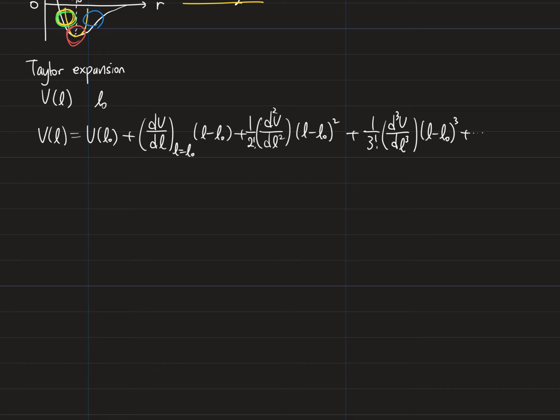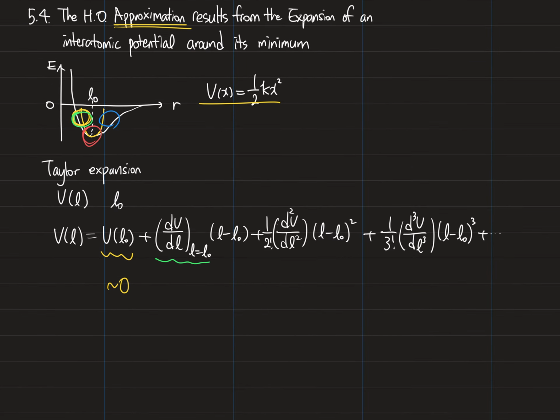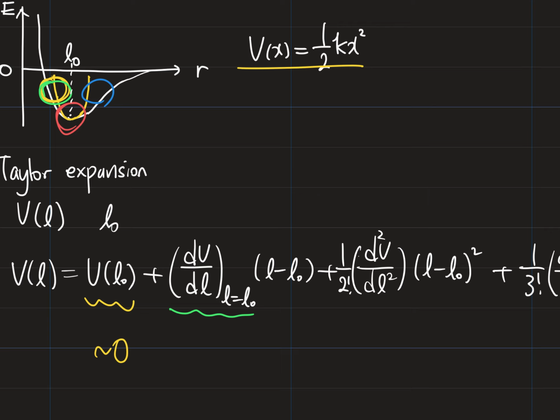So let's simplify this expression term by term. This is the absolute potential energy at L0. But in chemistry, we are not really interested in the absolute energy. So absolute energy doesn't really matter. We can take this term as just 0. And what about the first derivative? We are now trying to expand the potential energy near the equilibrium region. That means near the equilibrium region, the slope at that point should be quite close to 0.